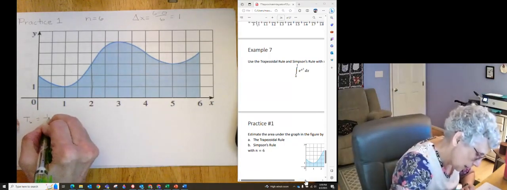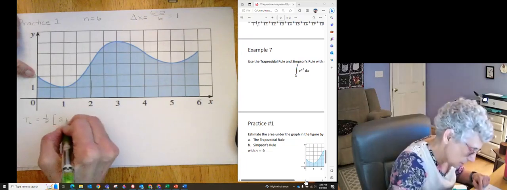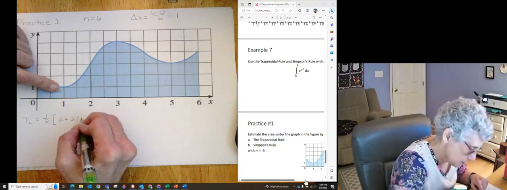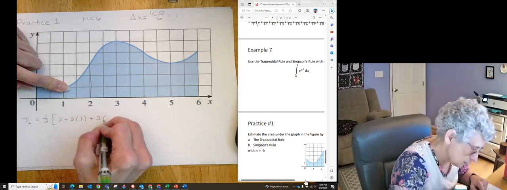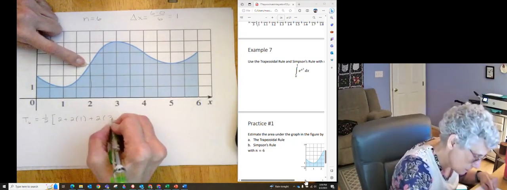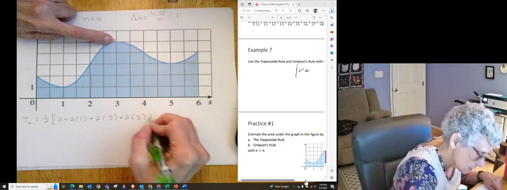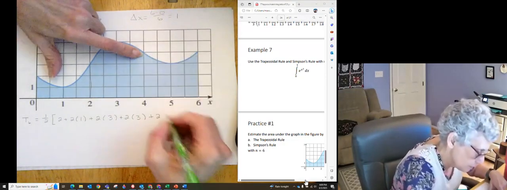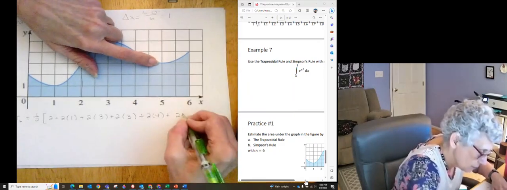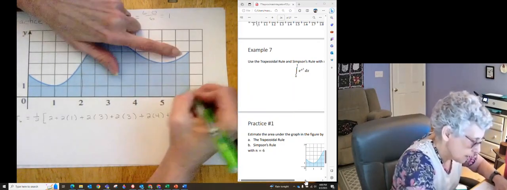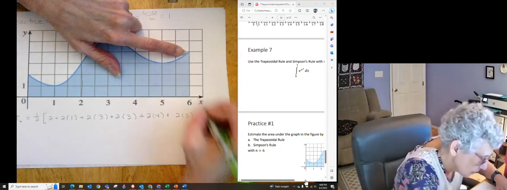So we have 1/2 times my first output, which would be 2, then 2 times the output at 1, plus 2 times the output at 2, plus 2 times the output at 3, plus 2 times the output at 4, plus 2 times the output at 5, plus the output at 6.